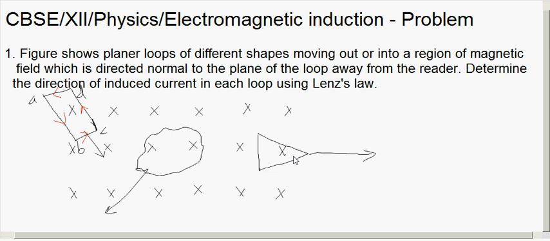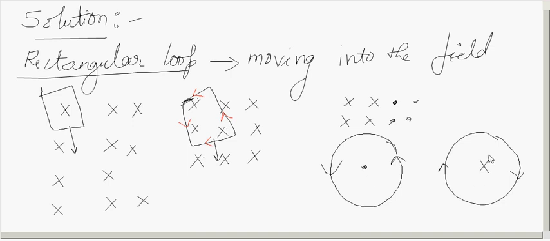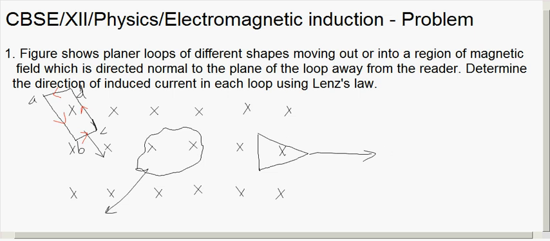That means it should increase the cross field. To increase this, we should have a clockwise current, because we know to increase cross magnetic field we should have a clockwise current. Therefore in the triangular loop a clockwise current is produced.